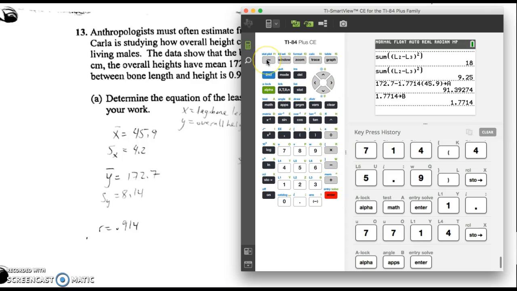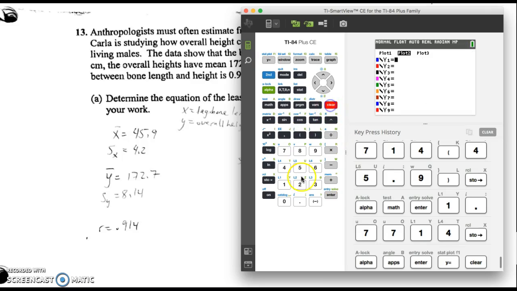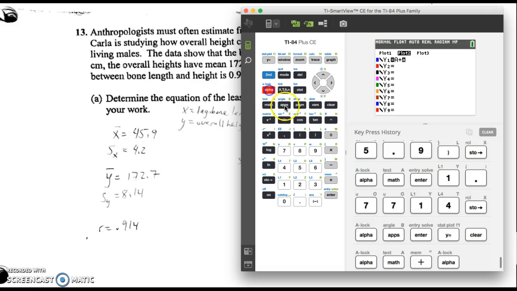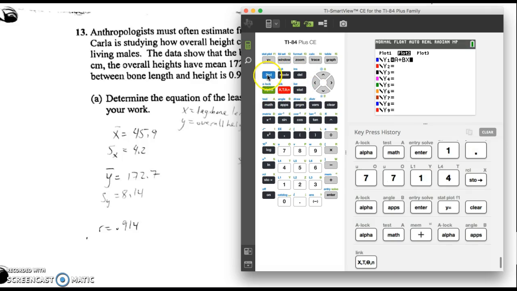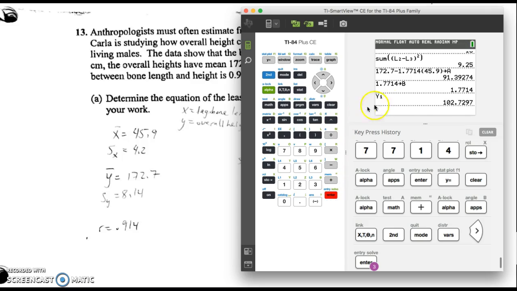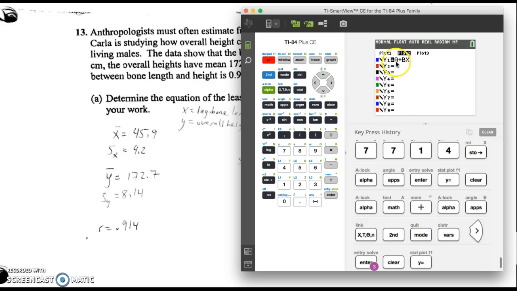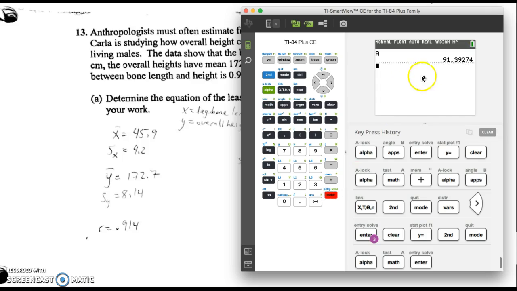Okay, so that means essentially that our equation is a plus bx, where a is 91.39. So the equation, let me type it in manually.